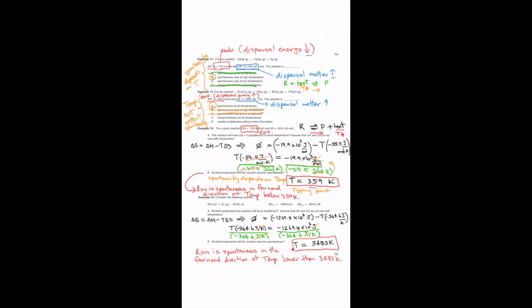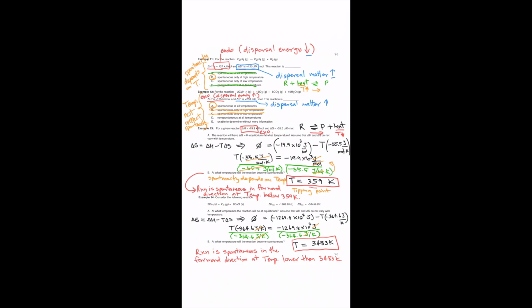Again, your T always has to come out as a positive value, and the unit would be in Kelvin. Okay. Therefore, this is the reaction at equilibrium. At this temperature, the reaction would go forward and reverse spontaneously, right?